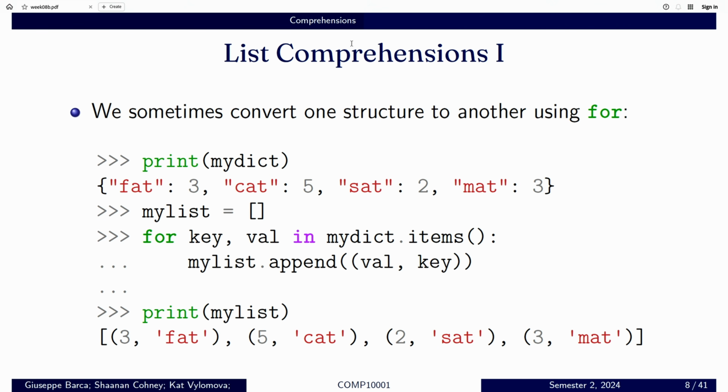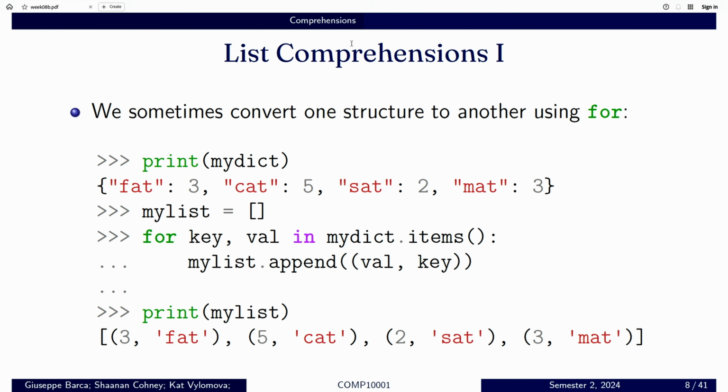We start now with list comprehensions, which are perhaps the most commonly used type of comprehension. They allow you to create a new list by applying an expression to each item of an existing iterable, okay? So we have an example here on the slide.